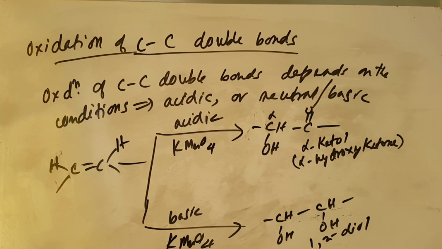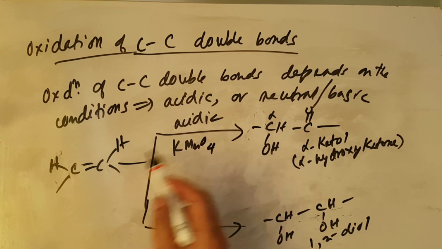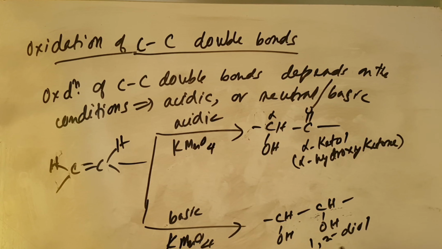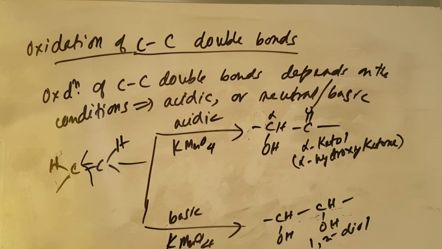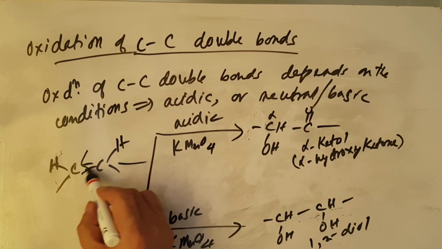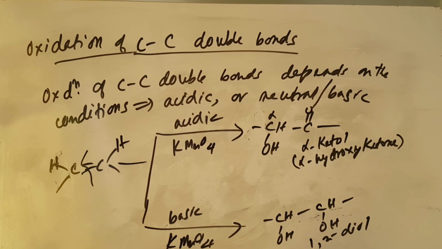In acidic conditions, formation of alpha hydroxy ketones takes place, and in basic or neutral conditions, formation of 1,2 diols takes place. Sometimes, in some cases, cleavage of the double bond also takes place in acid conditions. I'll give an example of this condition.